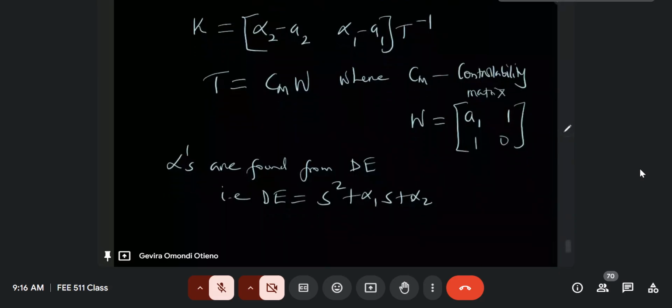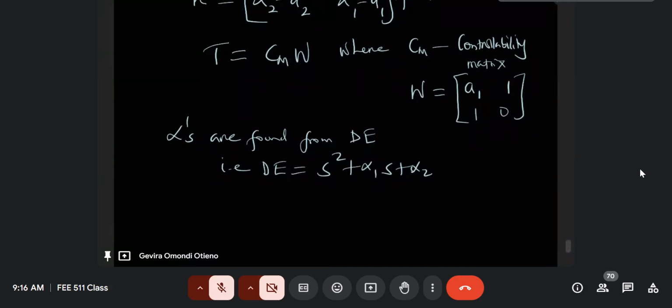And A1 and A2, how do you obtain the A's? The A's are found, very, very important, from the basic characteristic equation. Not the design characteristic equation, from the basic characteristic equation.